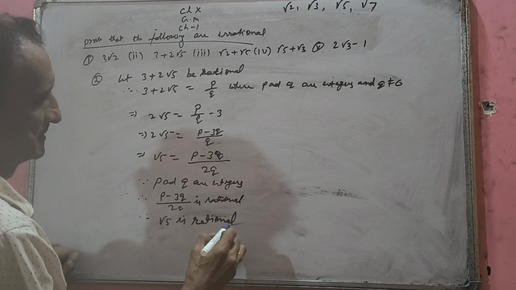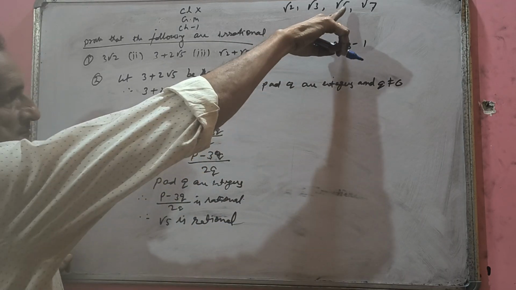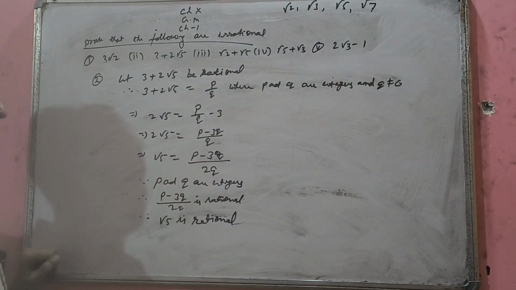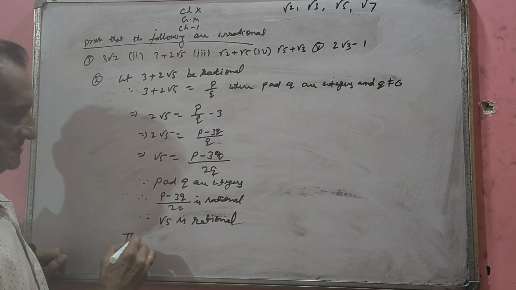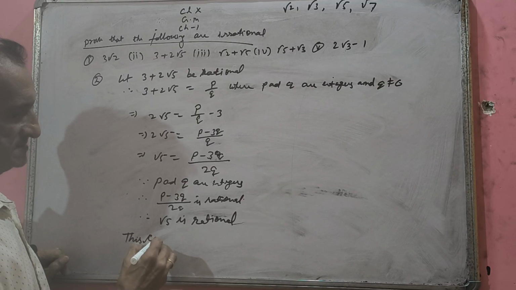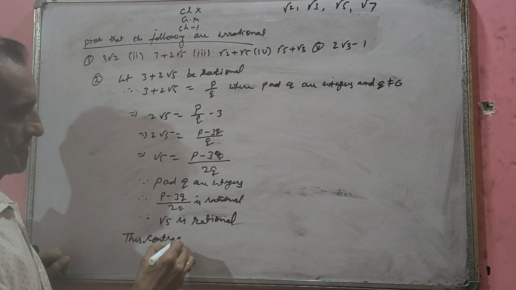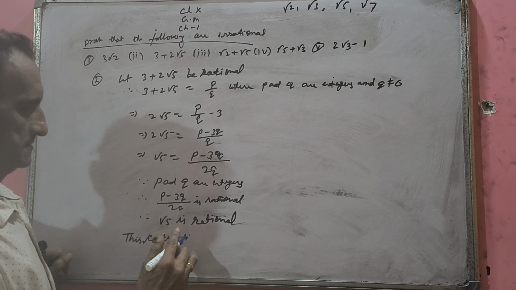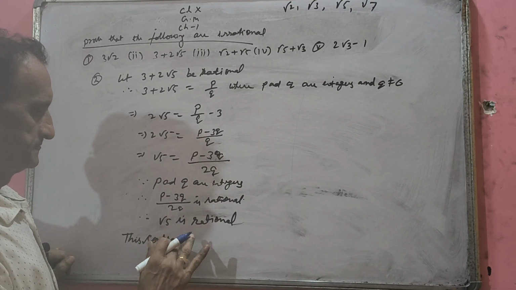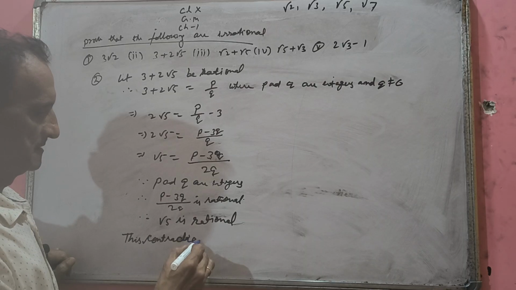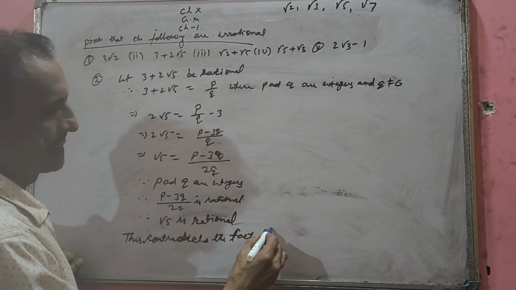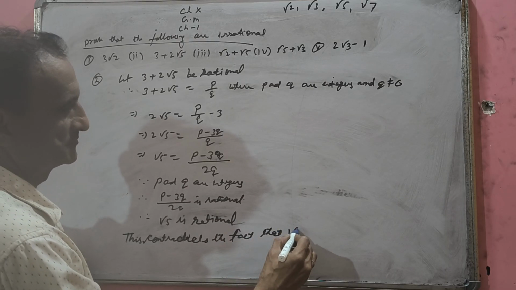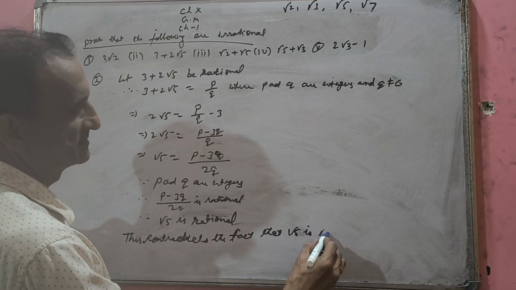And we already know that root 5 is not rational, it is irrational. This is the contradiction. This contradicts the fact that root 5 is irrational.